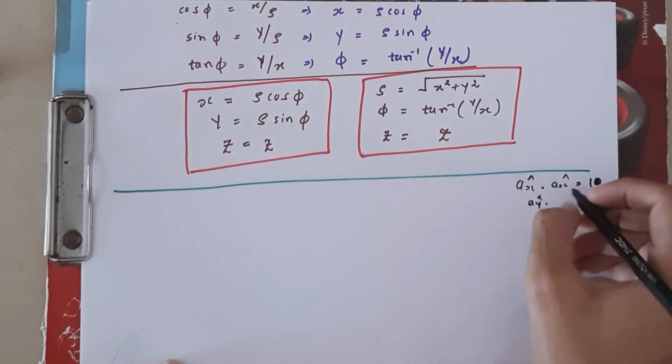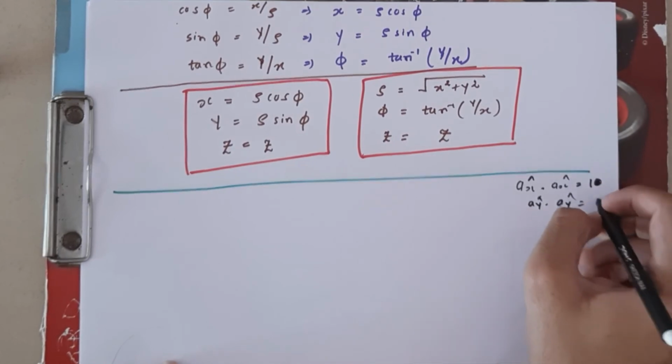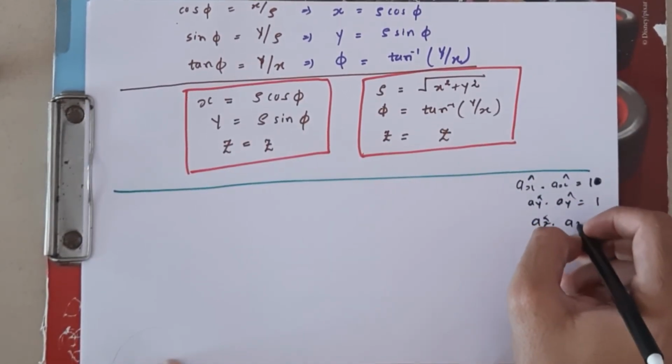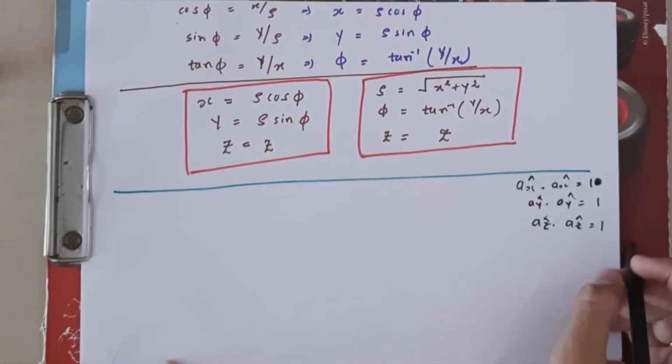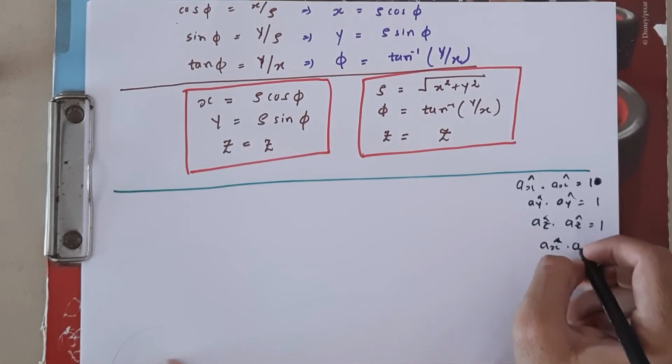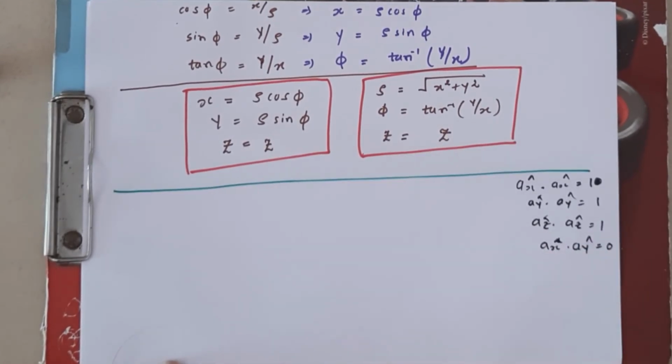Similarly, ay dot ay is 1, and az dot az is 1. But what is ax dot ay? Ax dot ay, answer is 0.